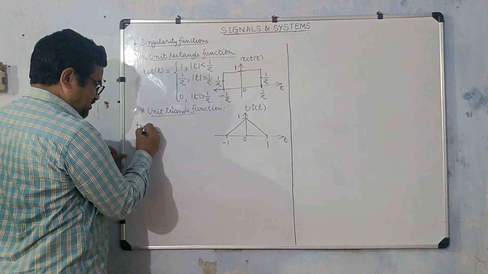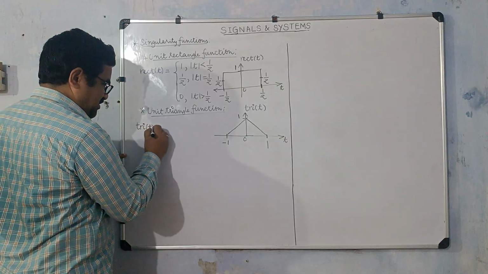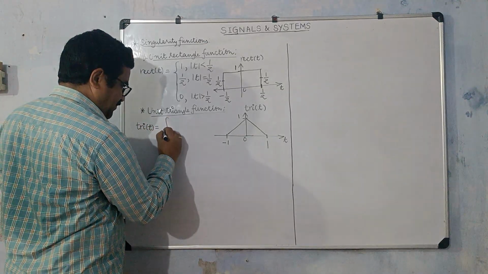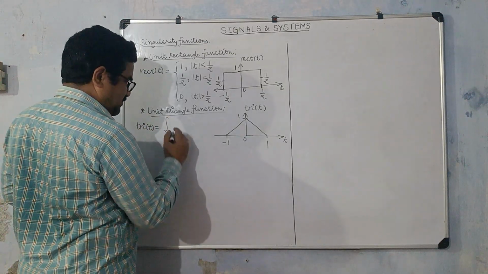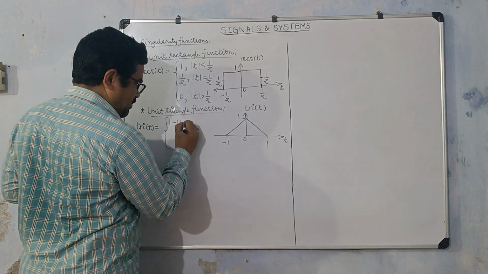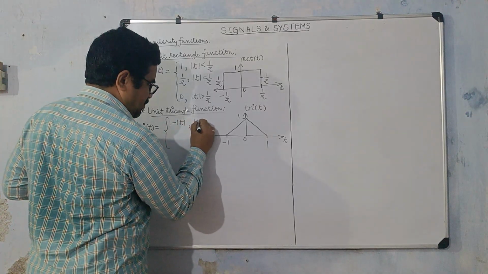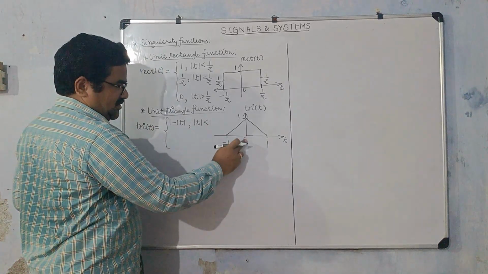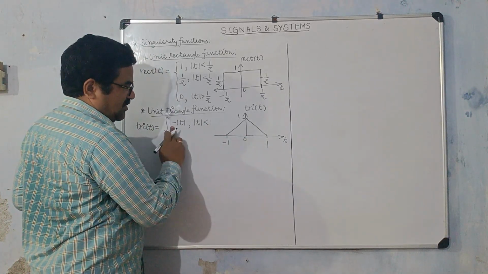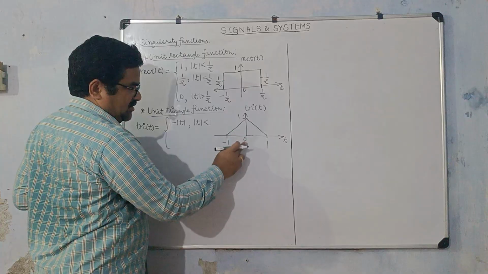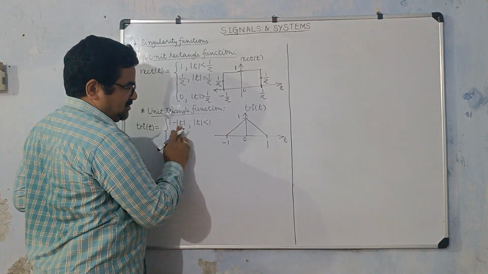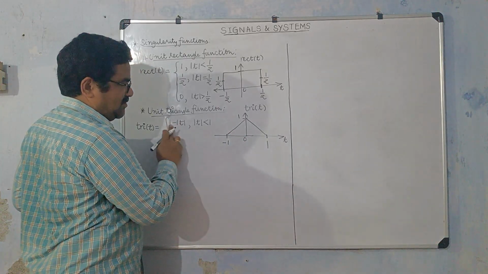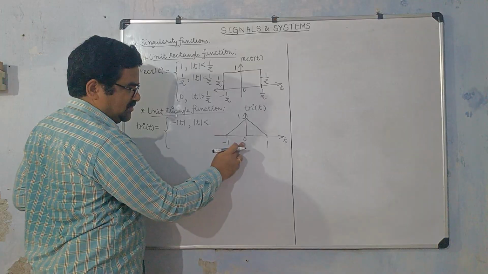So the triangle function mathematical expression TRI of t can be given like this. Okay, it is equal to 1 minus mod t for modulus of t less than 1. Okay, that is when t is 0, it is 1. When t is 1, 1 minus 1, 0. When t is minus 1, 1 minus mod of minus 1 is 1 minus 1, it is 0.